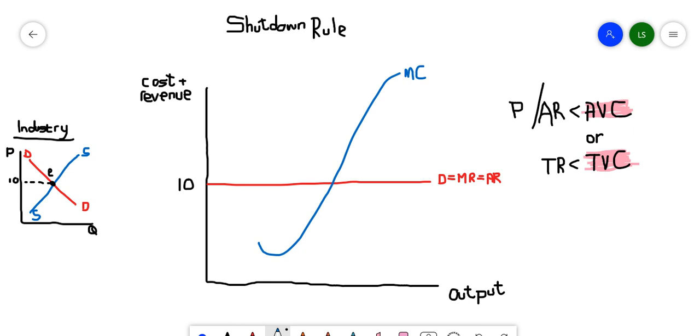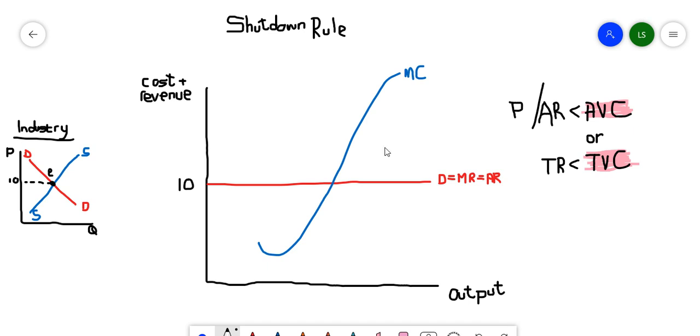Then step three, we have to find the profit maximization point. Okay, now we've done the profit maximization rules. Remember, there are two different profit maximization rules. There's the marginal cost, marginal revenue approach and the total cost, total revenue approach. Now on this graph, we don't have total revenue, we don't have total cost. So we have to use the marginal revenue, marginal cost approach.